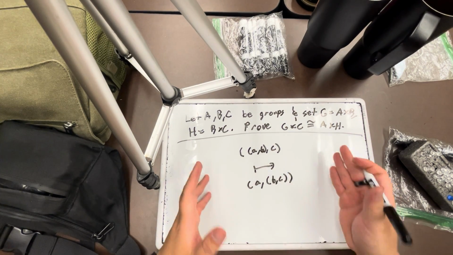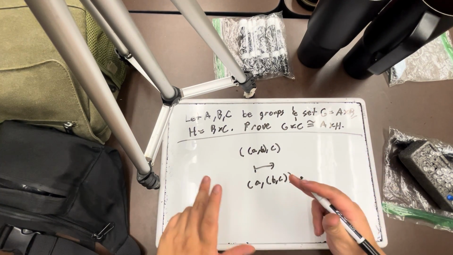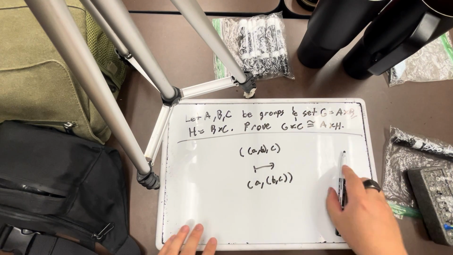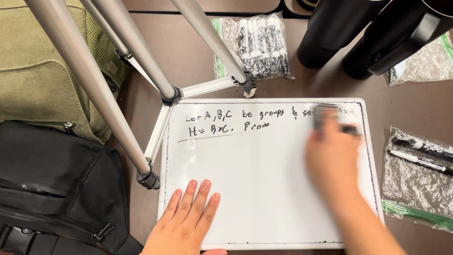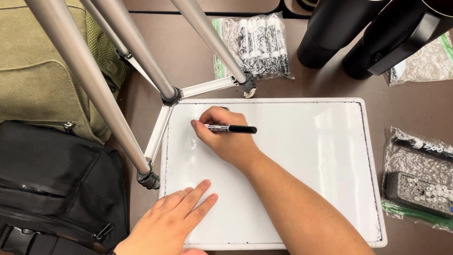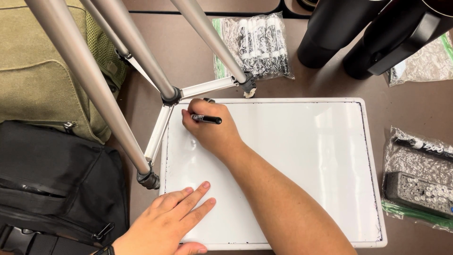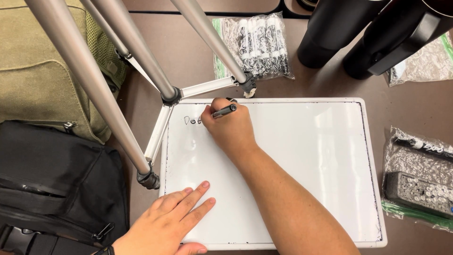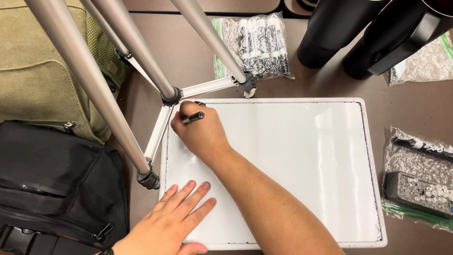It preserves component-wise multiplication and has an obvious inverse. So let's go ahead and show that a bit more rigorously. Let's start by defining the map.